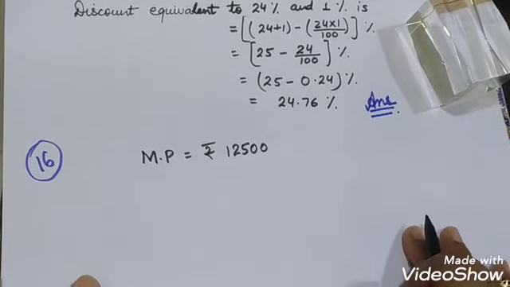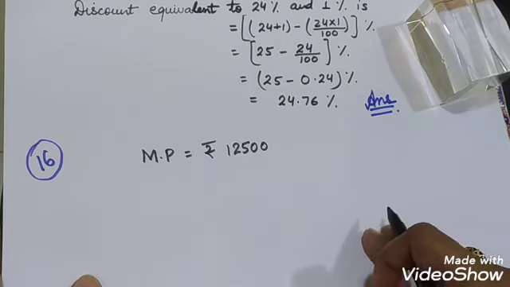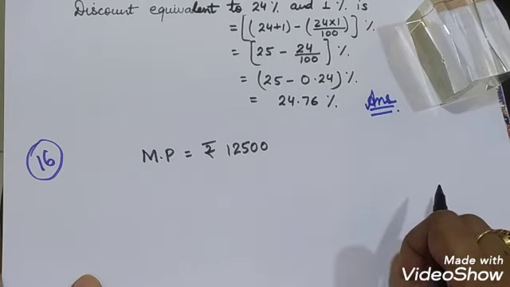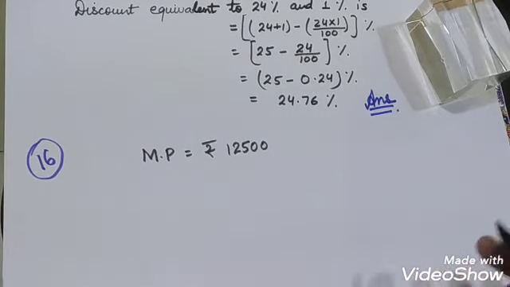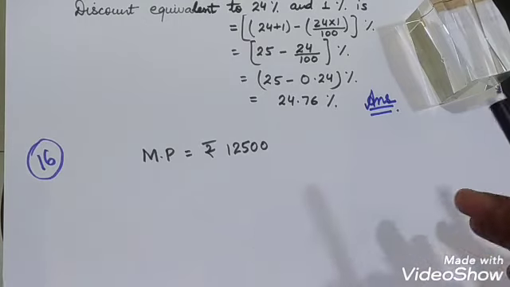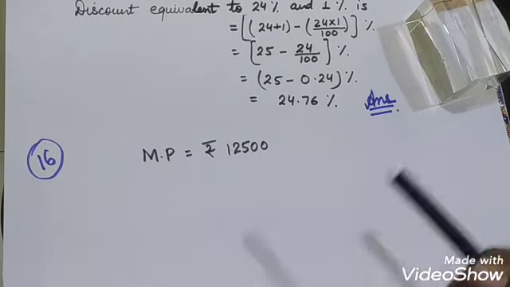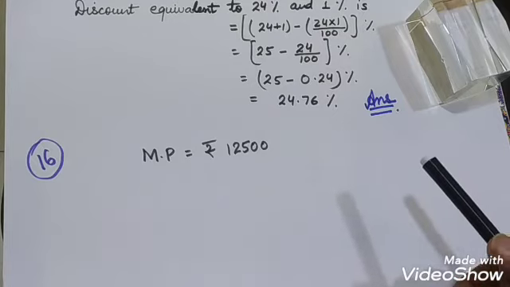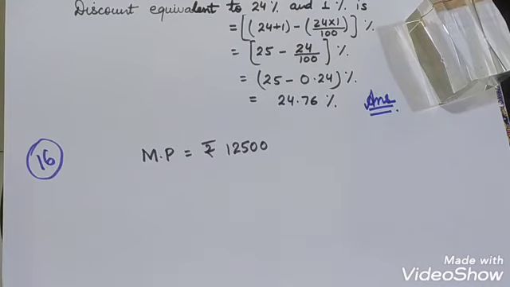He gets a rebate of 10% on it. After getting the rebate, tax is charged at the rate of 6%. Find the amount he will have to pay for the bicycle. First it is said that MRP of the bicycle is this, and he gets a rebate, means discount of 10% on it. And after getting the rebate, tax is charged at the rate of 6%. So first discount is given and then tax is applied.